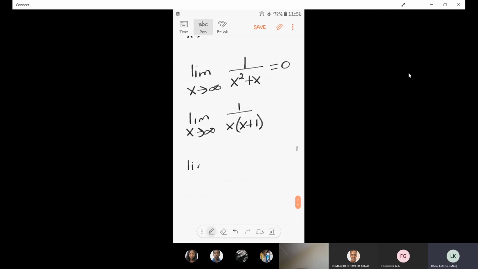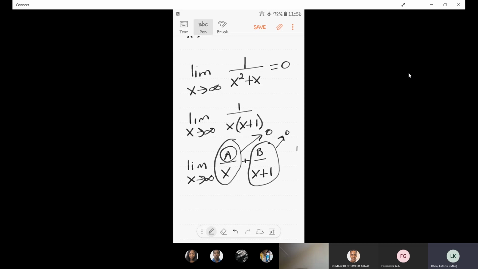This is the limit as x goes to infinity of some a over x plus some b over x plus 1. A and b are constants, so it doesn't matter what your a is. This term over here is getting closer and closer to 0. This one over here is getting closer and closer to 0. So the sum of two terms that are getting closer and closer to 0 is just equal to 0. So that is why this limit is also equal to 0.